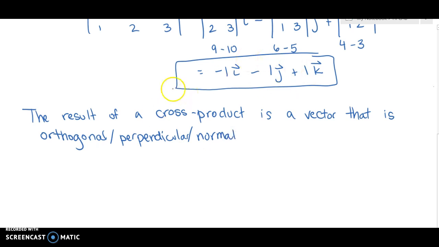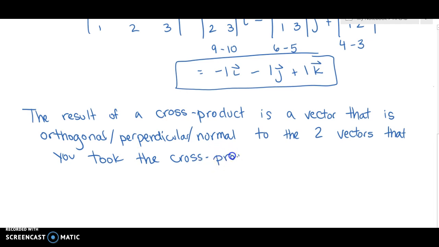So the result of a cross product is a vector that is orthogonal, perpendicular, normal to the two vectors that you took the cross product of.